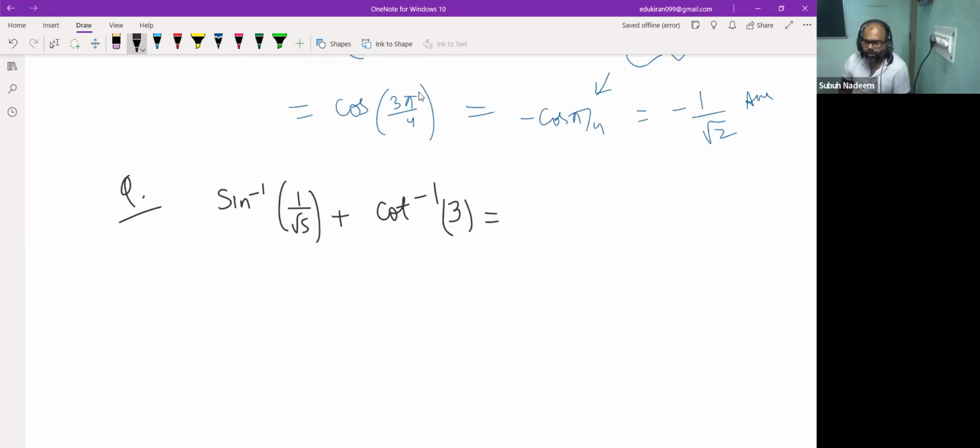So what is the hint basically? Just try to change sine inverse also into tan inverse and cot inverse also into tan inverse.